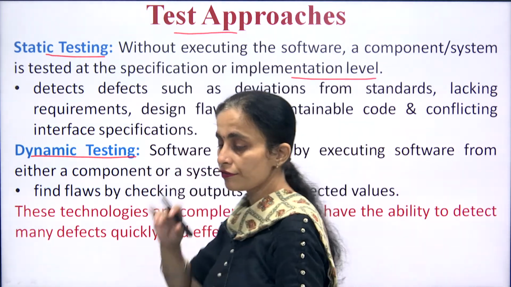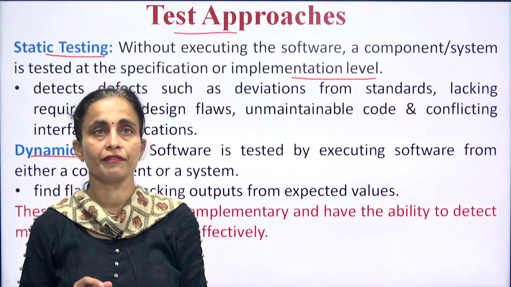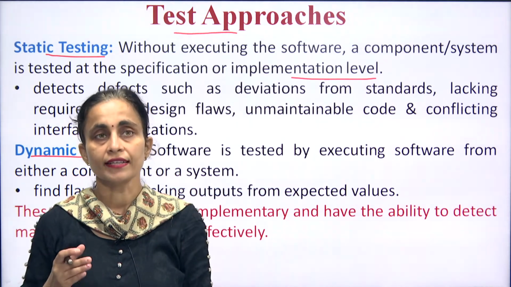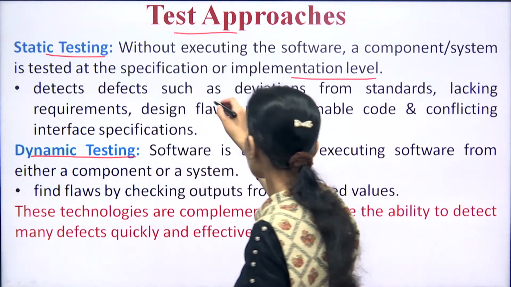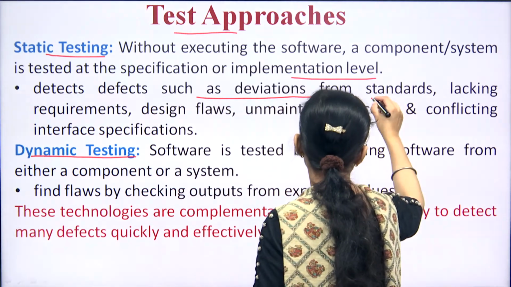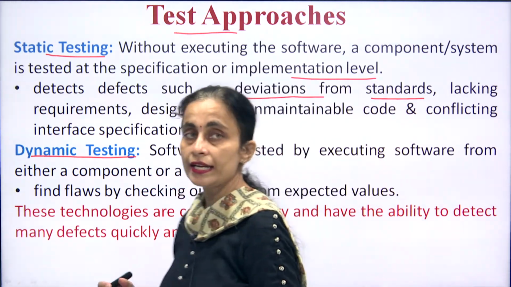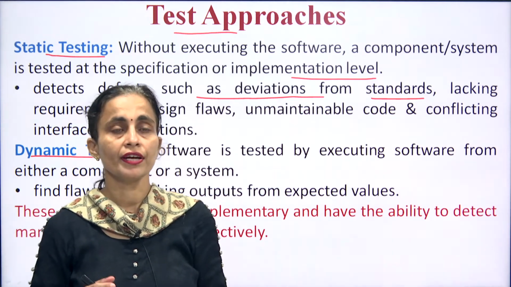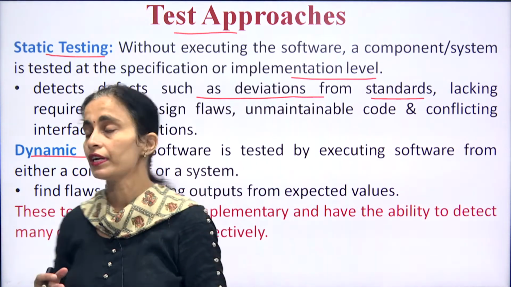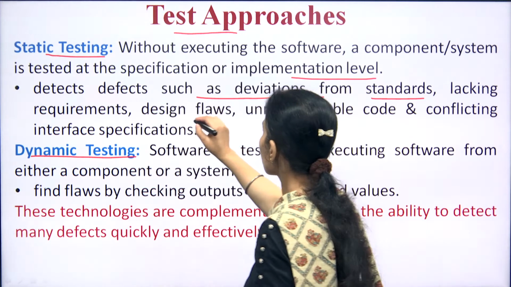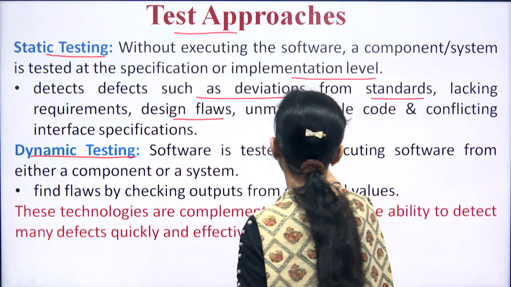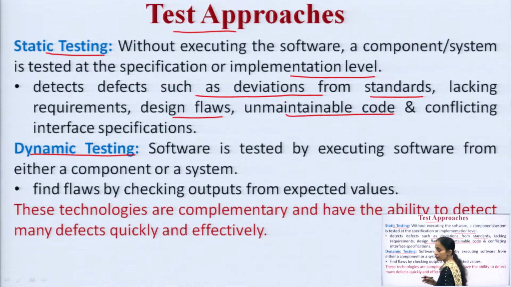This kind of testing detects the defects, that means it detects the deviations from the standards, which lets us know where we are lacking. It will tell us the lacking requirements, the flaws in design, how my code is unmaintainable, and where it conflicts with the interface specifications.